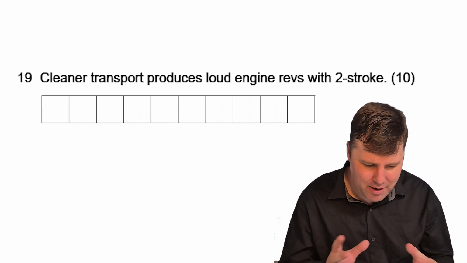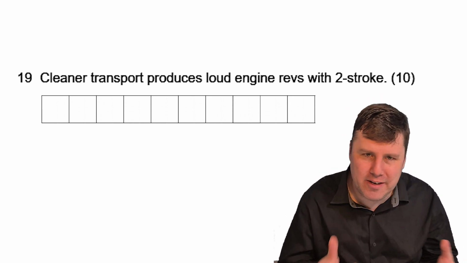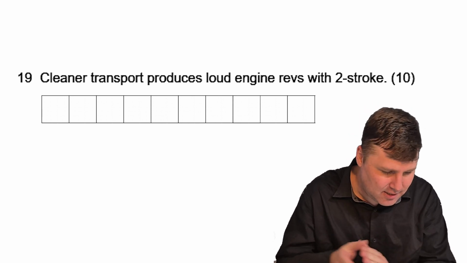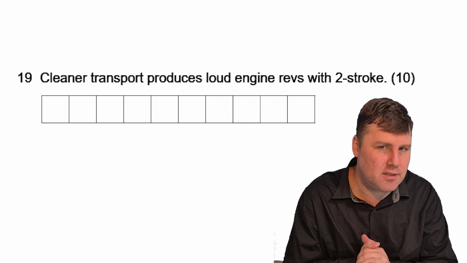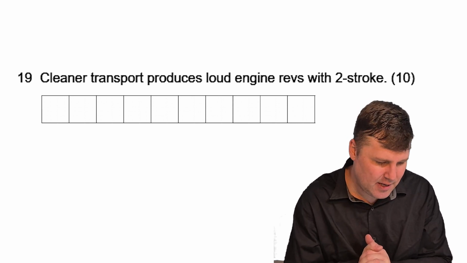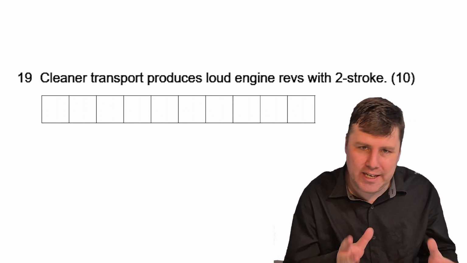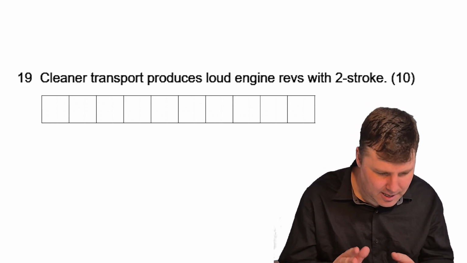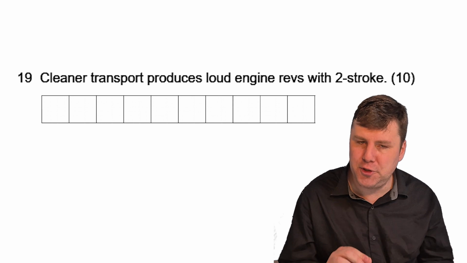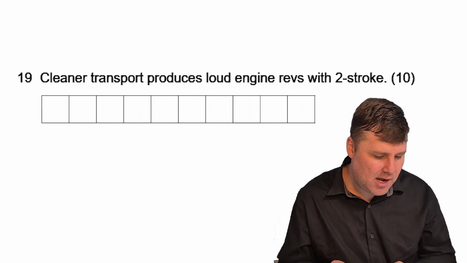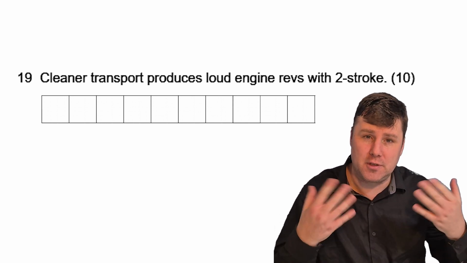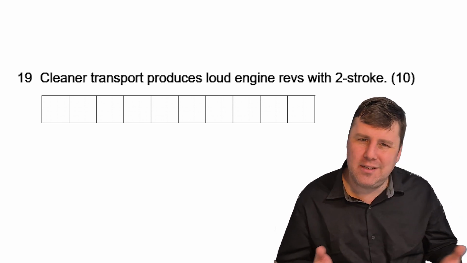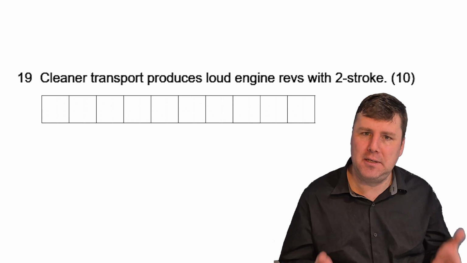So this clue here might refer to possibly a hybrid car or a Tesla, something like that. If we break it down into little segments, cleaner transport is going to be the definition here. And you think like green energy, clean energy, but cleaner transport is a bit of wordplay there. Keep that in mind. Produces loud engine revs. Now, as I mentioned before with homophones or saying things out loud, loud engine revs. What sound does an engine make when you say it out loud?